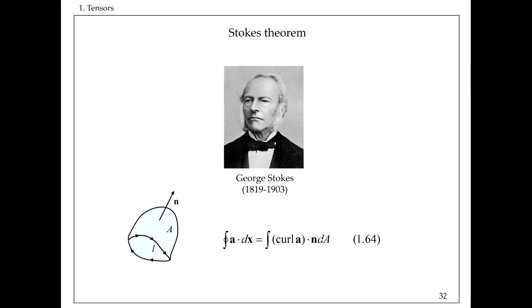Again, the surface is built on that curve, and the result will be curl A, where our Nabla vector operator appears, multiplied with n dA, and n again is the normal to the surface. So there is no need to go over the whole curve and do this integration.